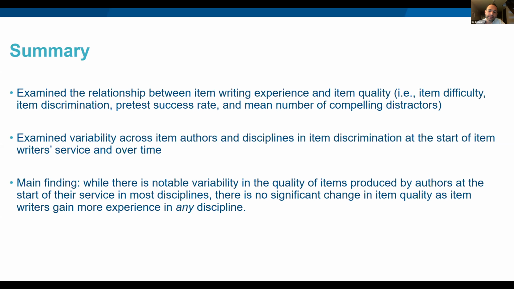So for most disciplines, there is variability in discrimination when item authors start their service. So they come in with some differences and they show up after training. But as they gain more additional experience, we're not seeing any change.